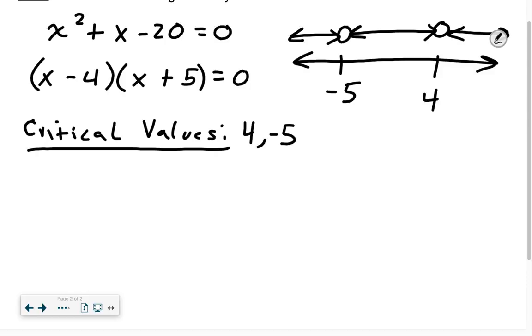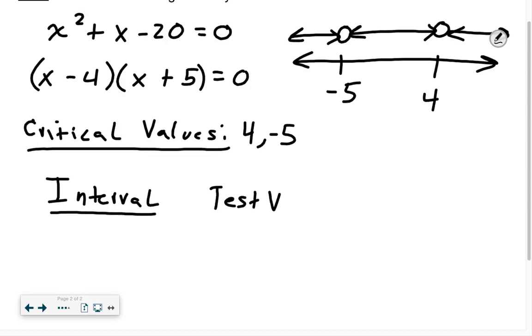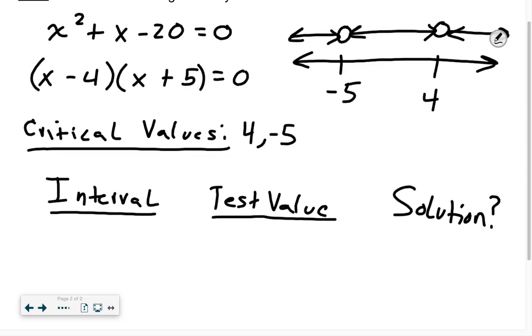And now that we established our intervals, we can go ahead and set up our chart. We have the interval, we have the test value, and we have our possible solution. We're going to determine whether or not it's going to be a solution to it. What did we say the first interval was? X is less than -5.